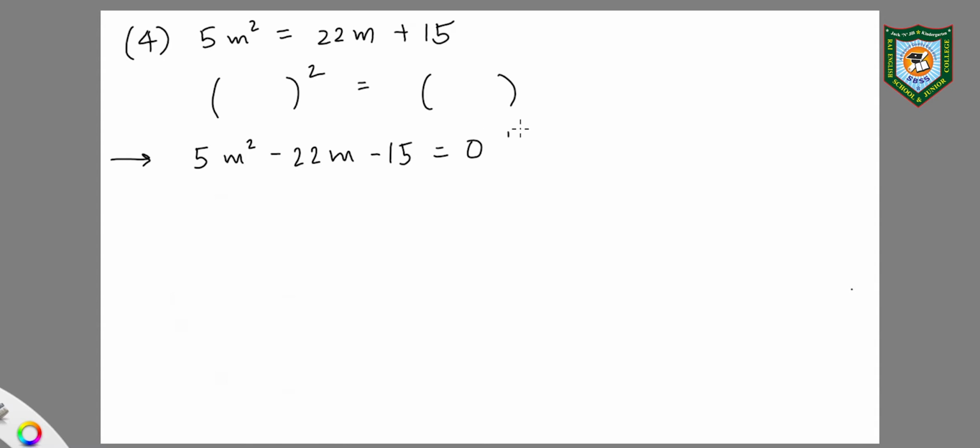And we are going to compare this side by side to our standard equation. So here I have am square plus bm plus c is equal to 0.